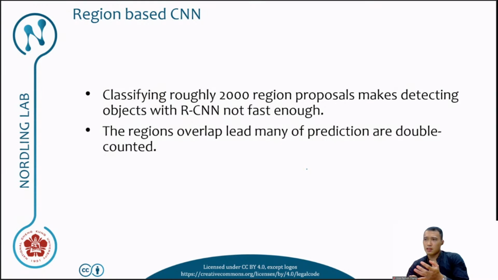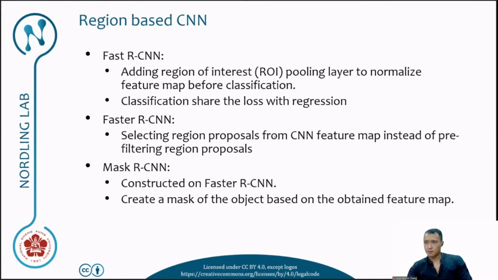But still, classifying roughly 2,000 region proposals makes the detection not fast enough, especially if you're dealing with a very complex CNN. It makes every inference that you run computationally expensive, and some regions may overlap, leading to many false positives, right?